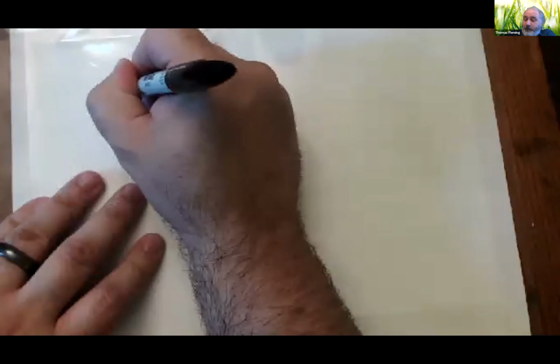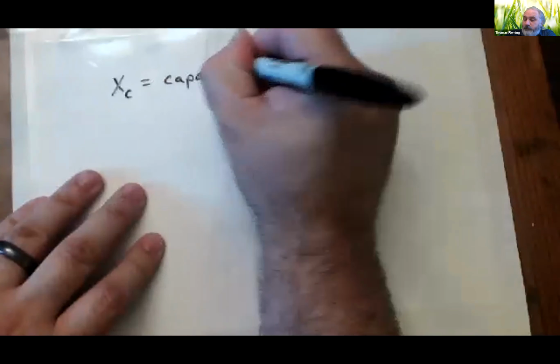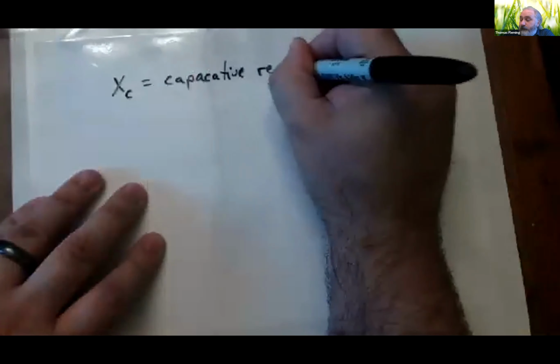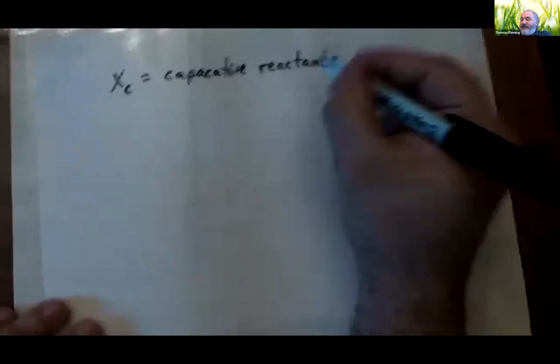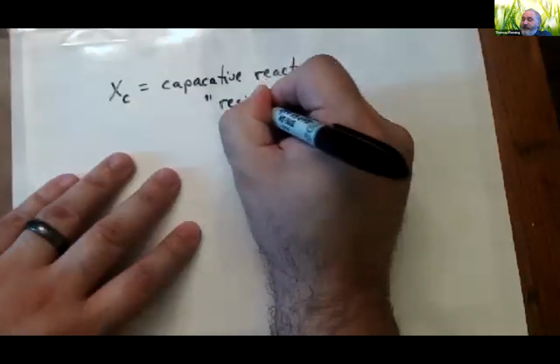So this XC thing that we're inventing to make our lives easier, we're going to give it a name. We're going to call it the capacitive reactance. But reactance is just kind of like resistance.